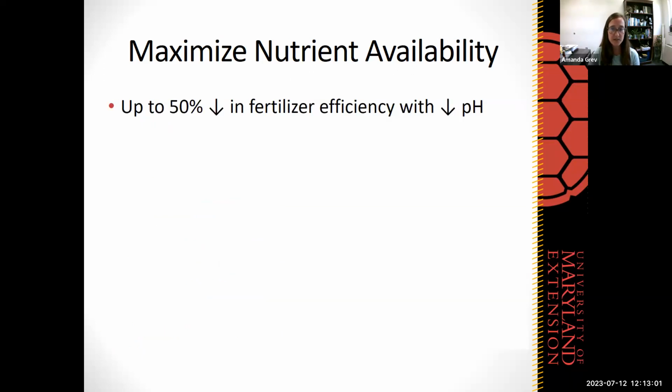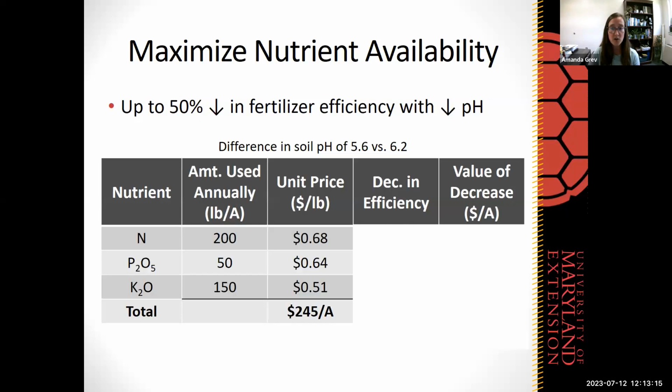So if we put some numbers to that, and we think about nutrient availability in terms of cost, we just said that we can have a decrease in the availability of those nutrients as our pH decreases. And it can be a pretty significant amount. So this is showing a difference in a soil pH of 5.6, so more acidic, a little bit outside that ideal range, versus a soil pH of 6.2.